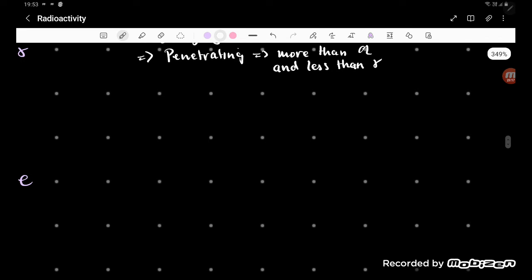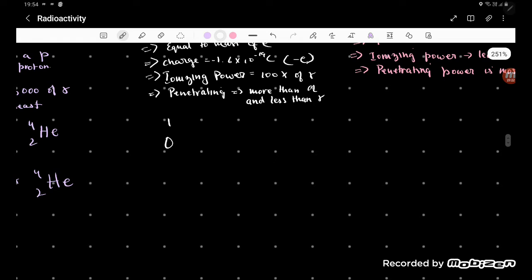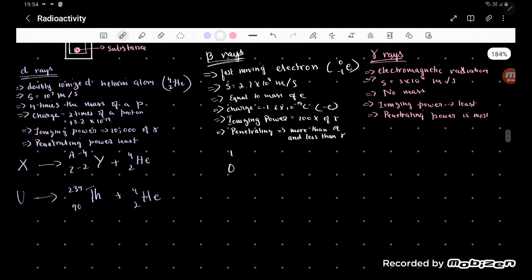Now the next one is beta emission. First you have to learn about neutron splitting, because the nucleus cannot simply donate electrons.